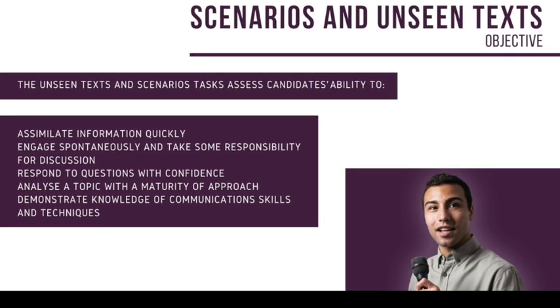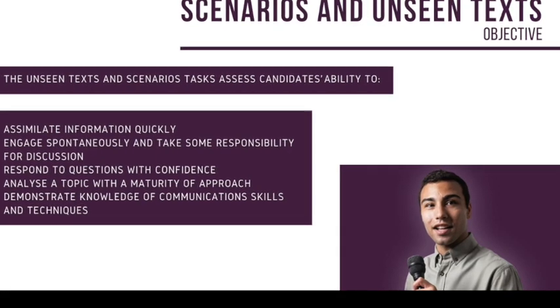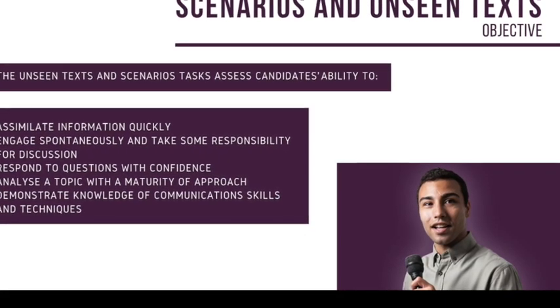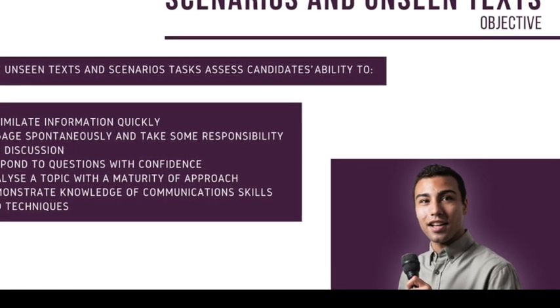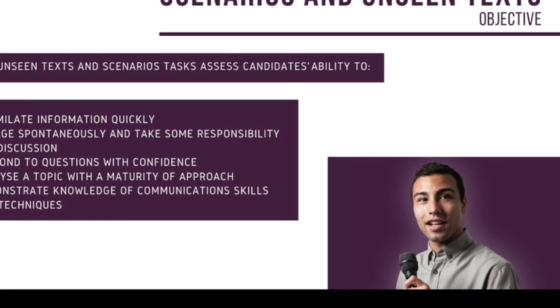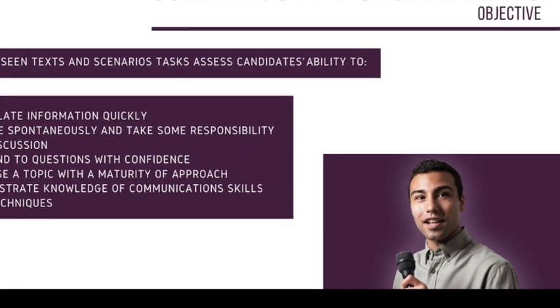They will be responding to questions with confidence, showing ability to analyze a topic with a maturity of approach. In these tasks, candidates will also be demonstrating knowledge of communication skills and techniques as a wholesome 360 perspective.